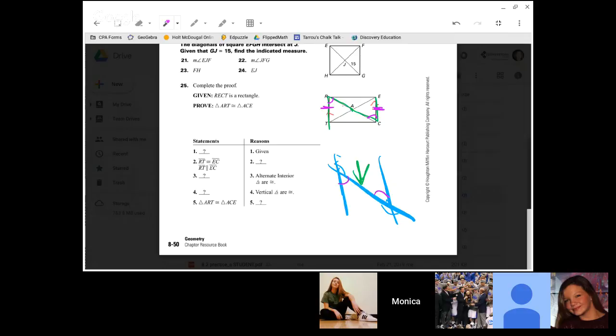And then for step 4, we said RAT and EAC are congruent. So when we're trying to prove that those two triangles are congruent, what do we know? Yes, angle, angle, side, because it's two angles and the side not included in them. Good job.